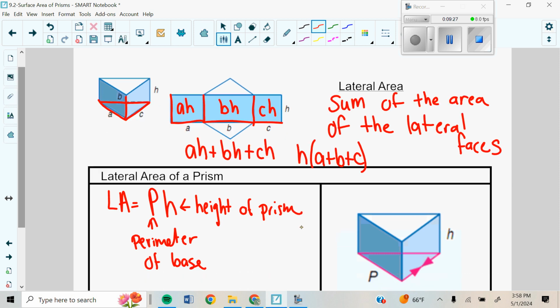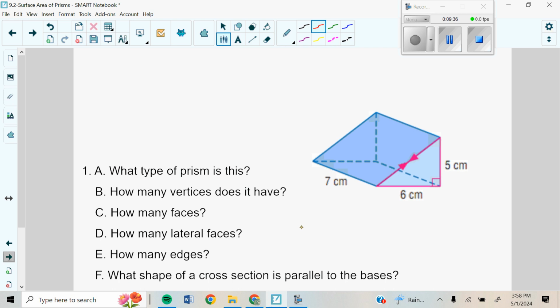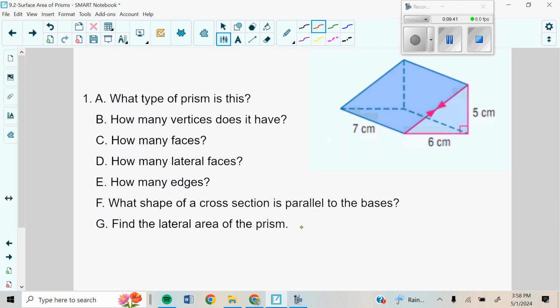So you'll see that here in that picture below, the perimeter of the base times the height of the shape. All right, we're going to go ahead and answer some questions now based off of this picture that we have to the side.